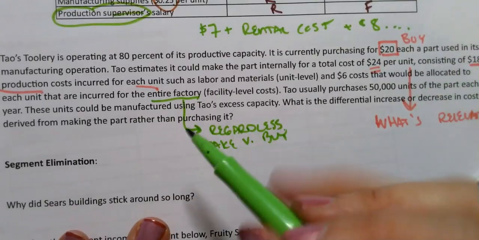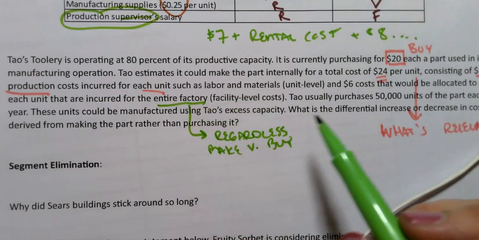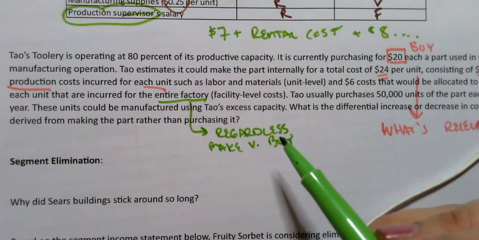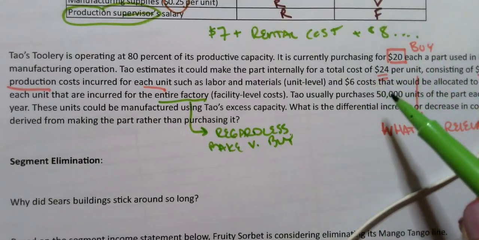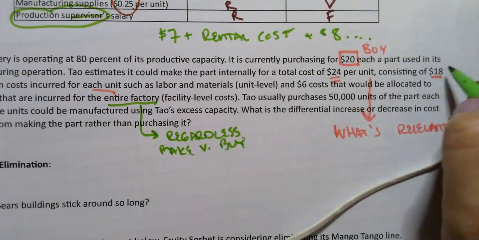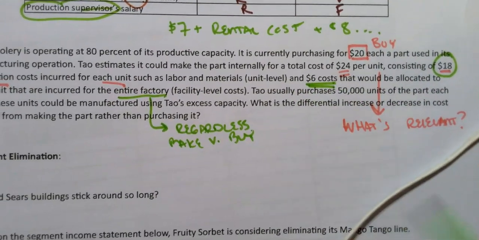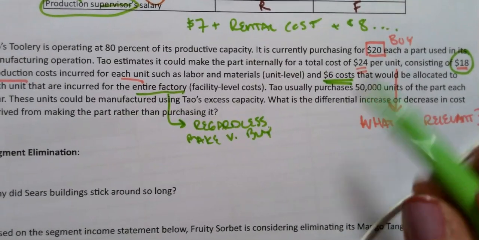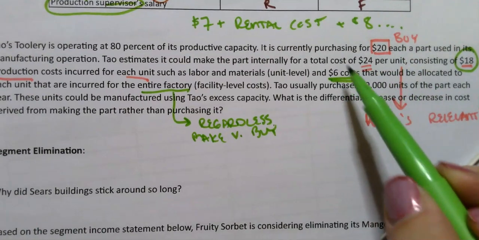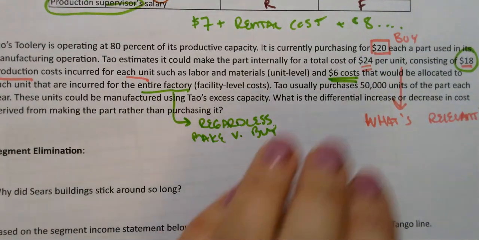I don't know, but this is entire factory related, and it is only allocated to each unit. If they choose to make these parts, it will cost them $24, but only 18 of that is relevant in this decision, because that other 6 would be allocated to another product line or unit somewhere else. So they're still incurring that cost. It's just going to go to a different unit or product line.